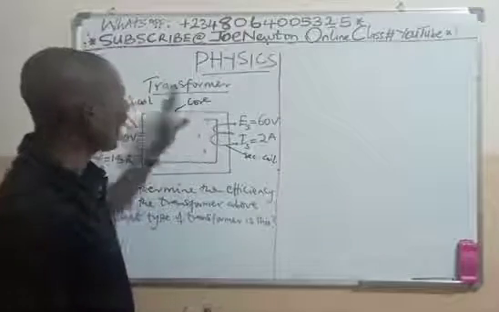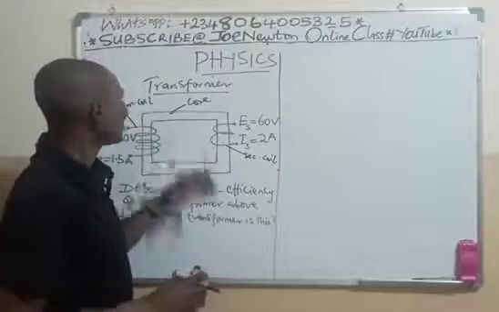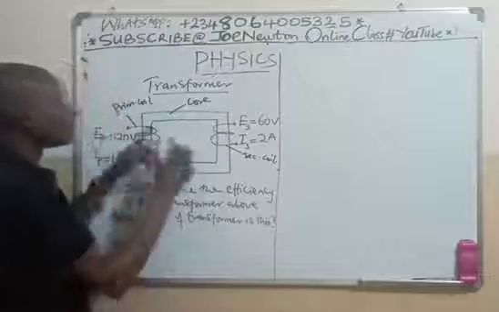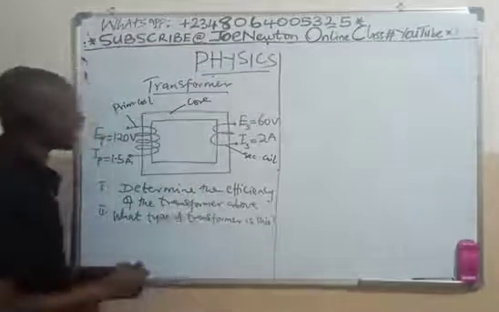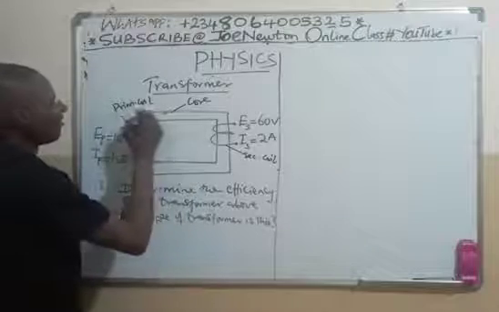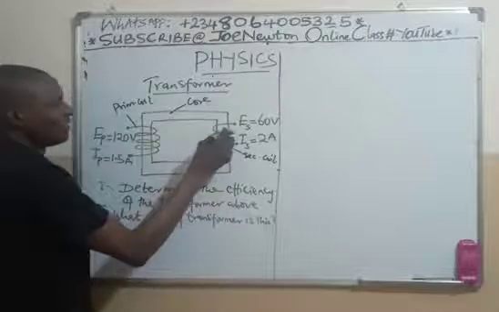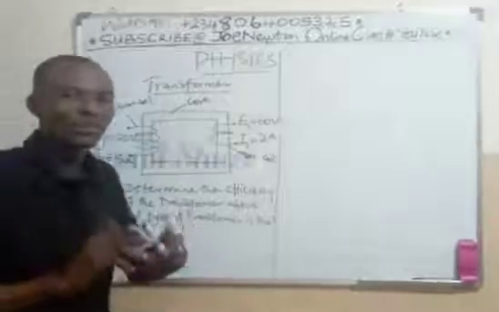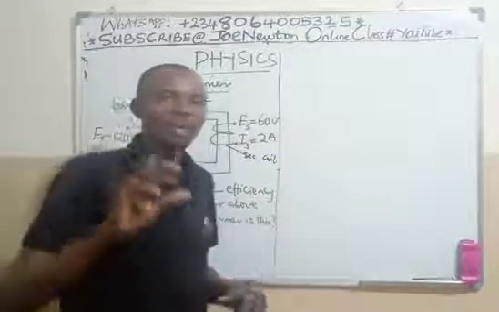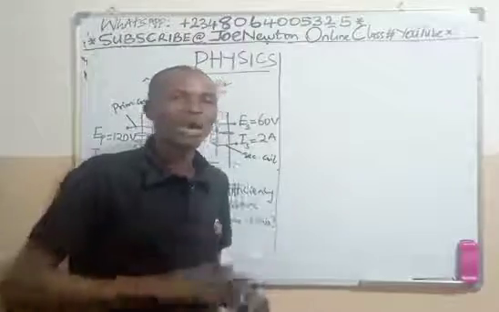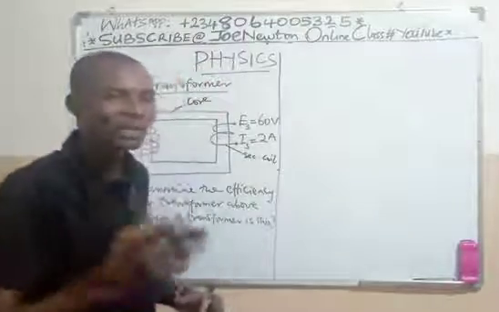Now, having done this, the task here, we have a schematic diagram of a transformer. In that diagram, we can see this is the core. Of course, a transformer has two sets of coils, the primary coil and the secondary coil. The primary coil is the supply or the mains, while the secondary coil is the output terminal.